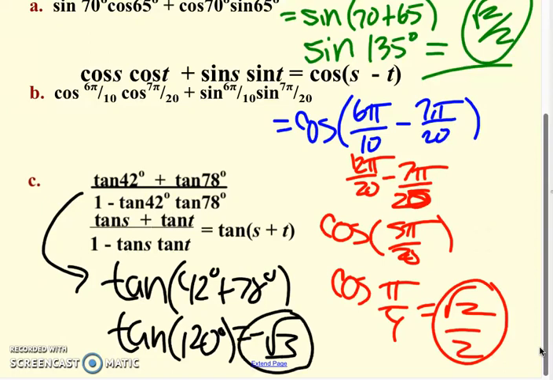Negative square root of 3. So 120, the coordinate being the same as 2 pi over 3, that's negative 1/2 and the square root of 3 over 2, square root of 3 over 2 over a half, or negative 1/2, negative root 3. So that's all about recognition and condensing it, clean it up.